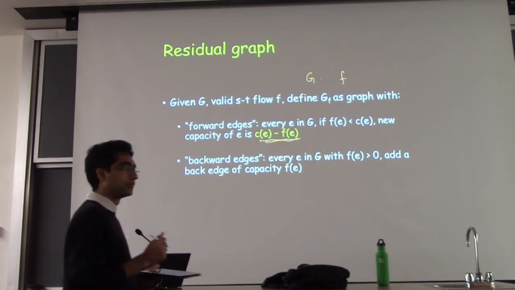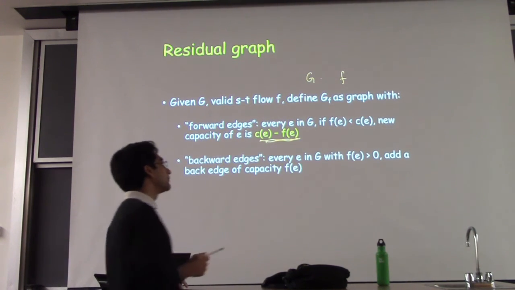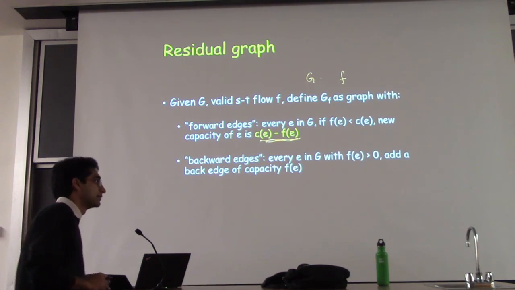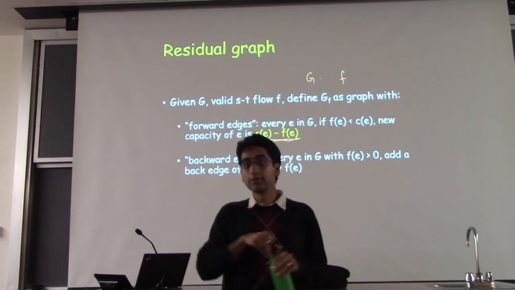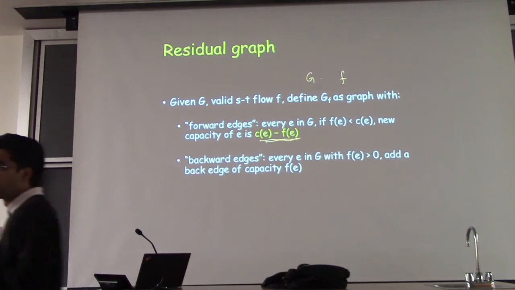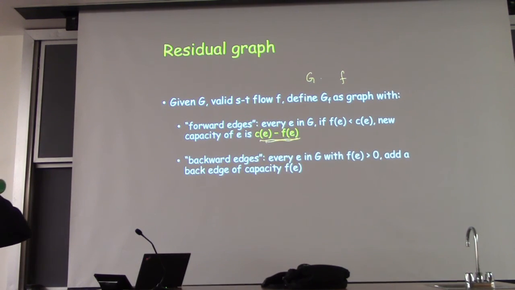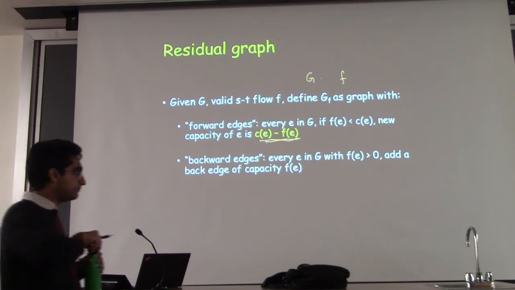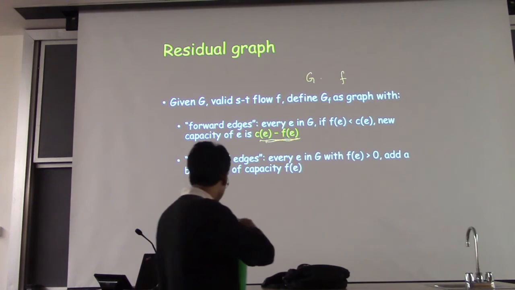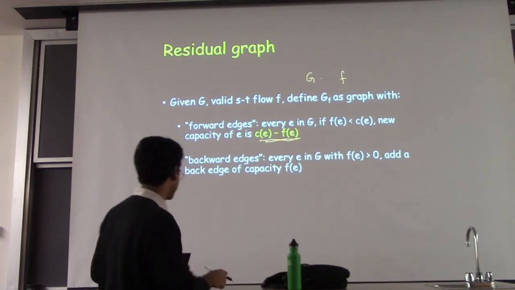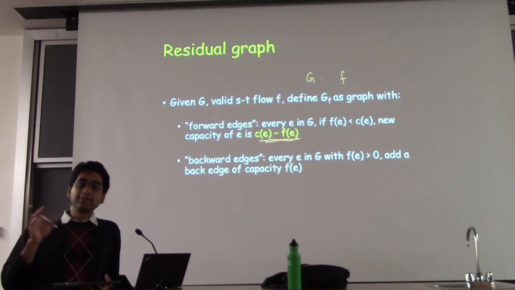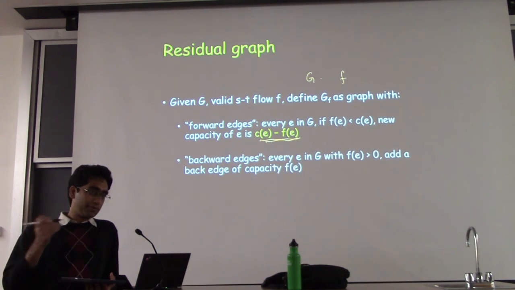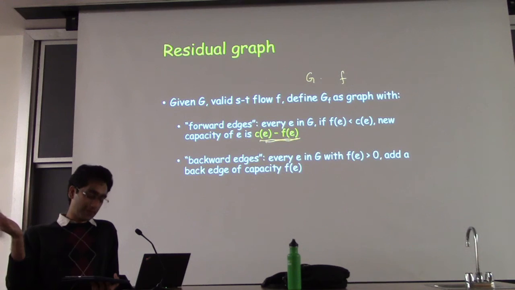We also said something about backward edges, so let me get to that in a bit. Any questions about forward edges? Forward edges are simply the leftover capacity.